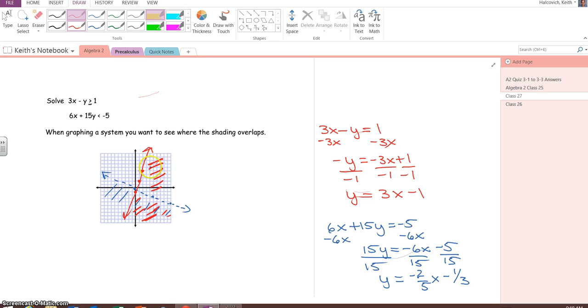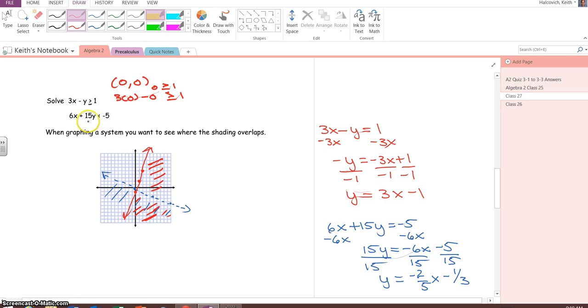So notice the red line, the shading would go over here. Also remember, if we test the point 0, 0, notice 3 times 0 minus 0, is that greater than or equal to 1? So basically, is 0 greater than or equal to 1? The answer is no. So 0, 0 is here, so you would shade the other side.